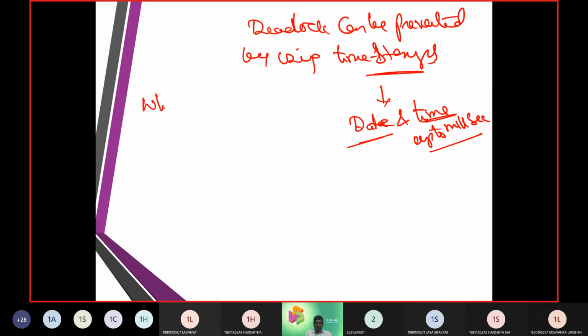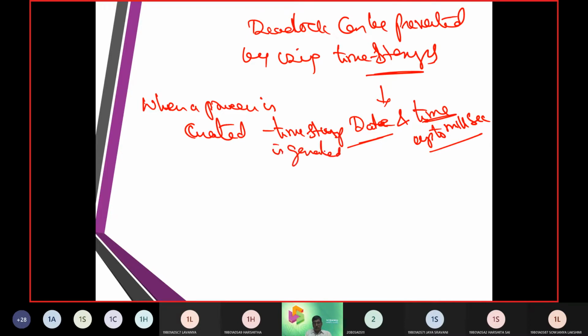Whenever a process is created, a timestamp is generated. So P1 came at some 11:10, P2 came at 11:11, and P3 came at 11:12 in this way.